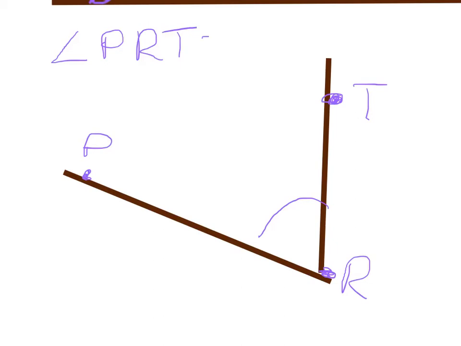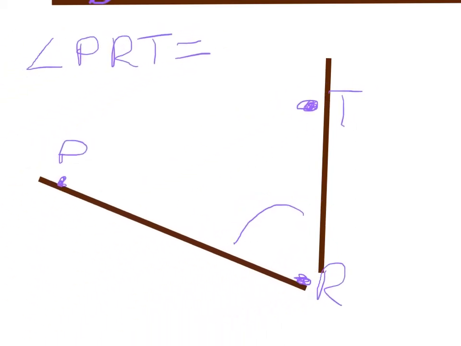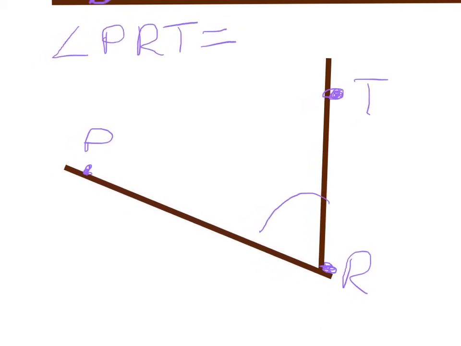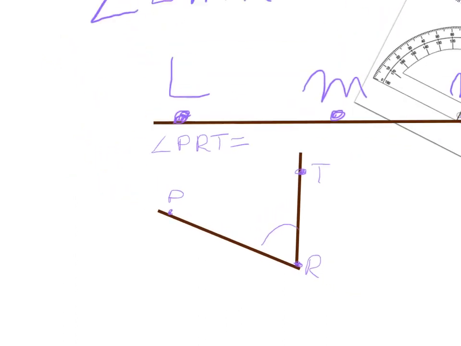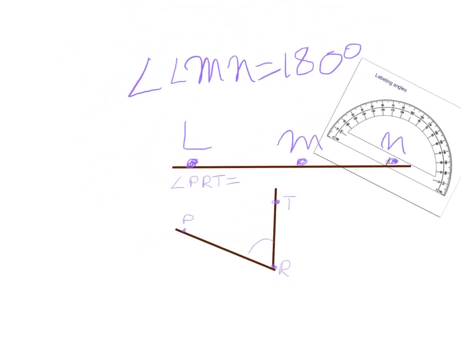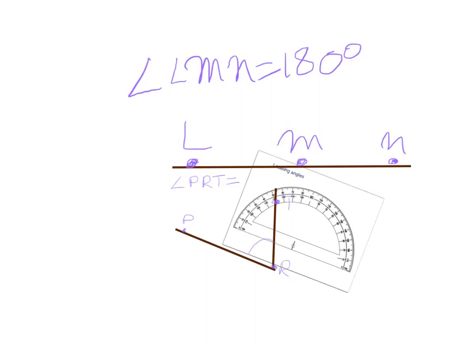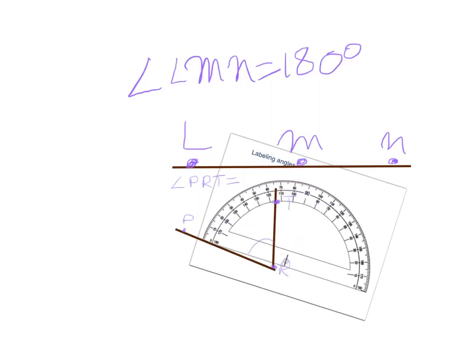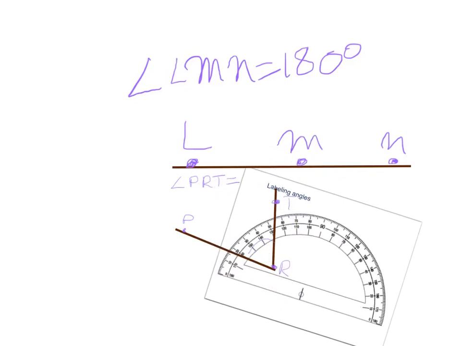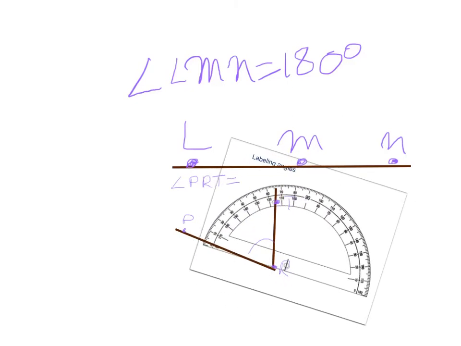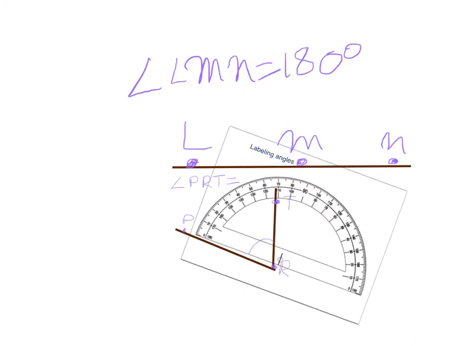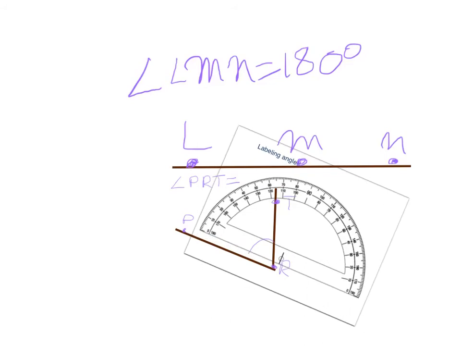PRT equals something. So let me get my protractor. Come back, little protractor, and let's rotate you until we get it to be right on that corner.